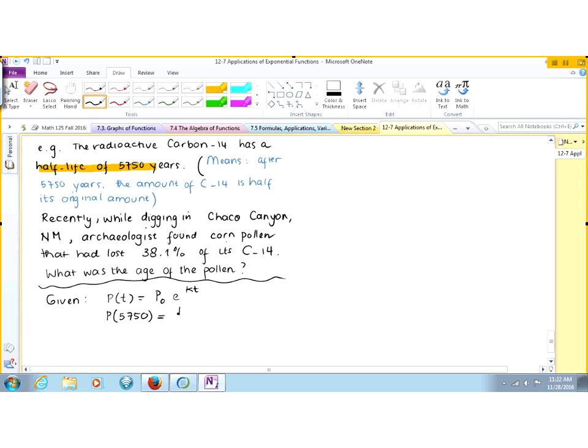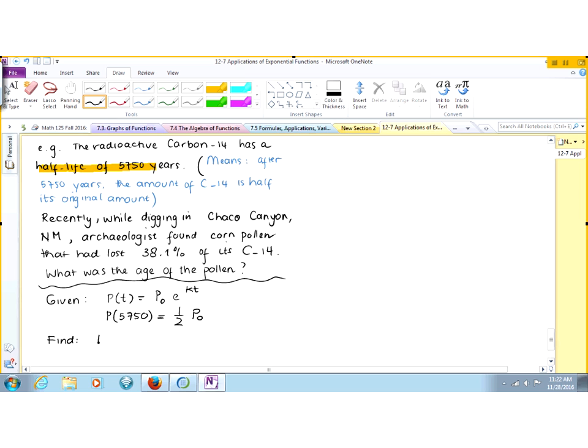P of 5,750 is half the original amount. So that's what I wrote. After 5,750 years, the amount is half the original amount. Okay. Good.